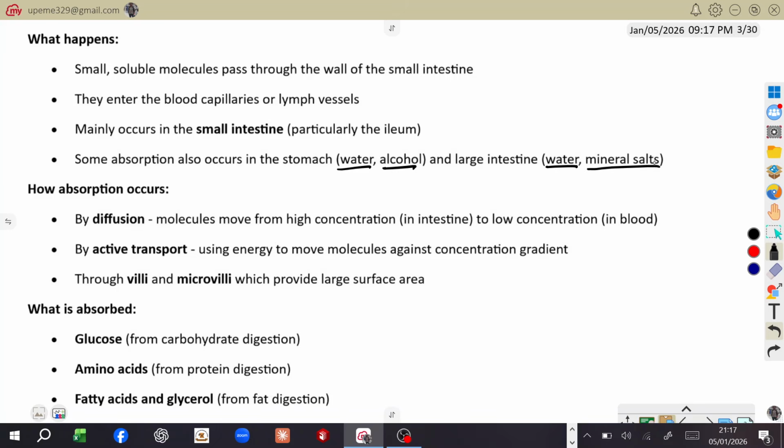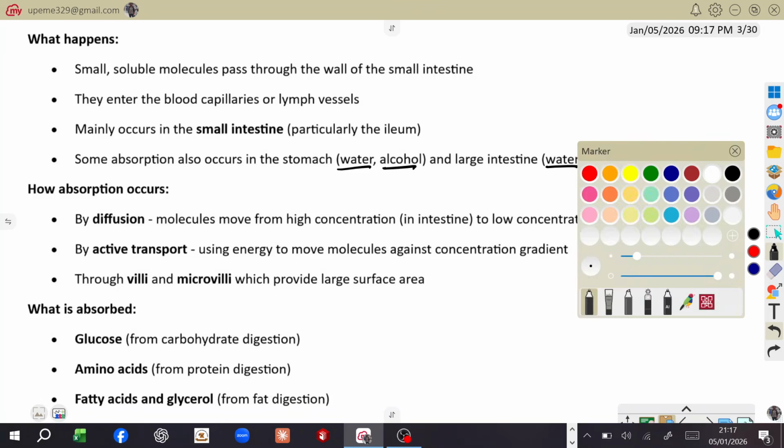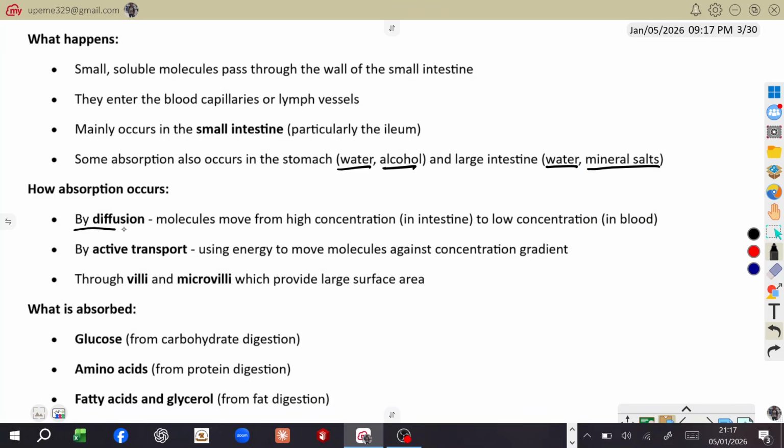This absorption that we are talking about, we have to know how it occurs. Number one, it occurs by diffusion. What is diffusion? Here, molecules move from high concentration, like in the intestine, where there is digested food in high concentration, to low concentration in the blood.